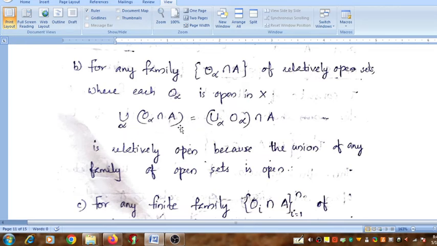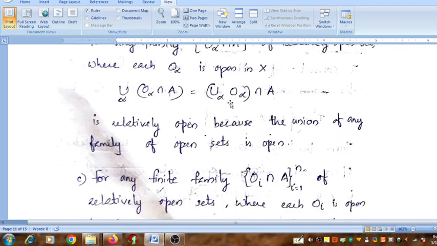Then that can be written as the union of O alpha, and then you can find its intersection with A. So this is the simplification.